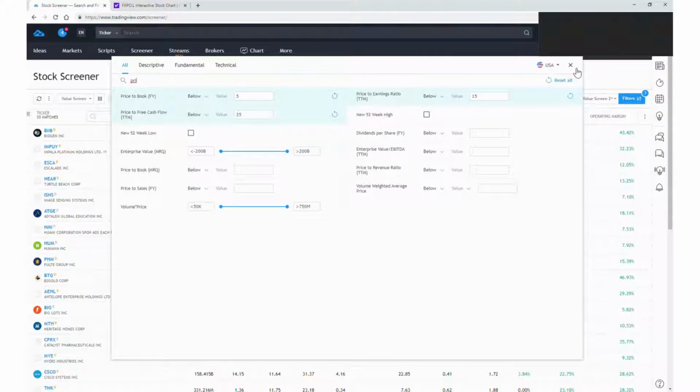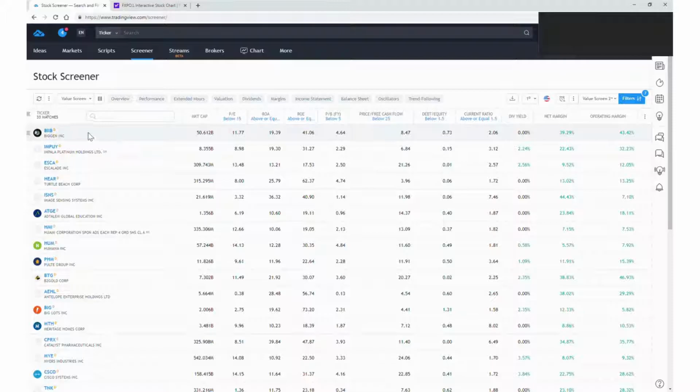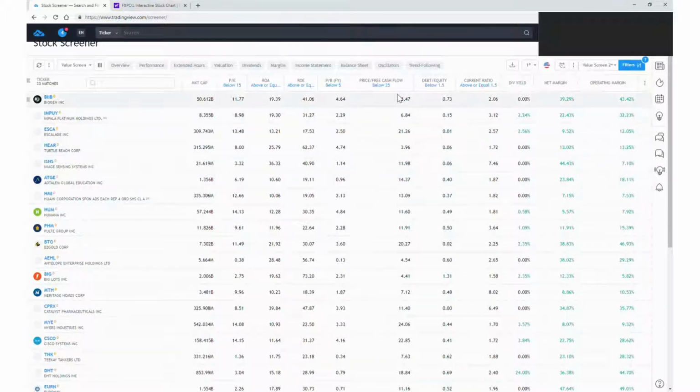Now, once we've applied that, you'll see that our stock screener has gone down to 35 stocks on the US stock market. We've arranged our screening interface to capture all the ratios of our choice.